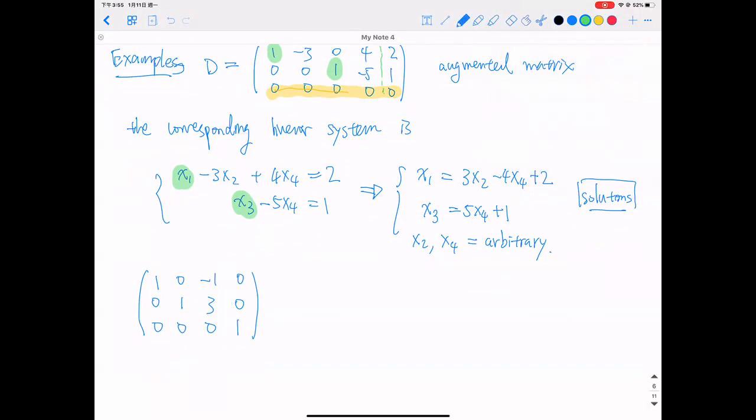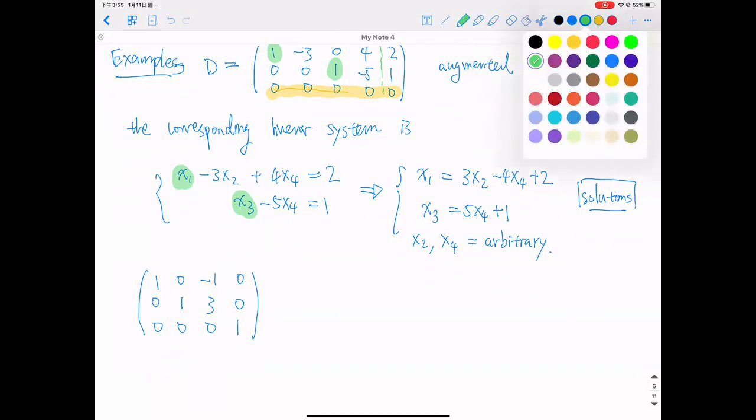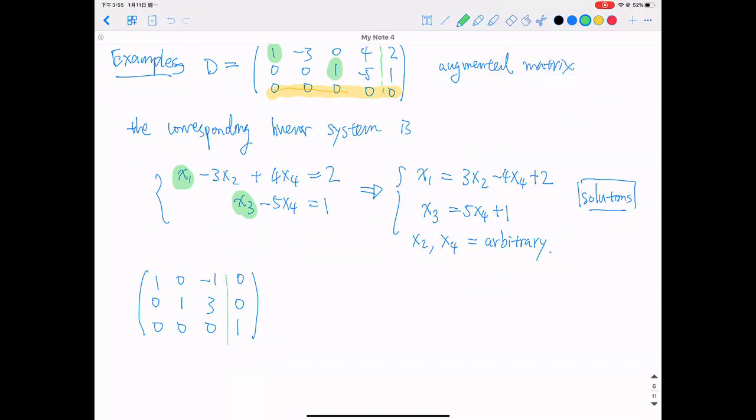Let's just consider this as the augmented matrix for some linear system.